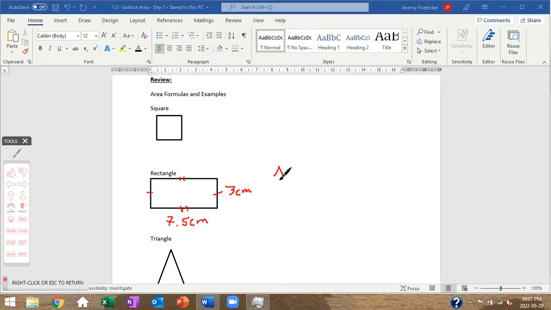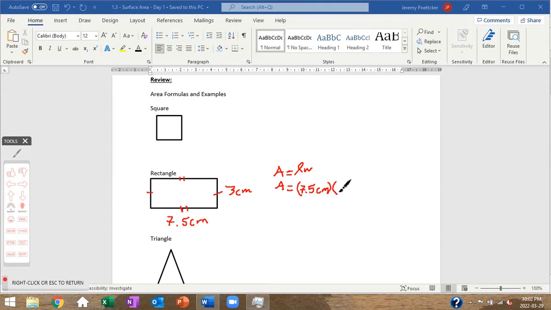Formula, again, we always start by writing the formula. Area is equal to length times width. It doesn't matter which number you use for length. I always use the bigger one for length. That's just me. But again, as long as you're being consistent within a given shape, you're fine.